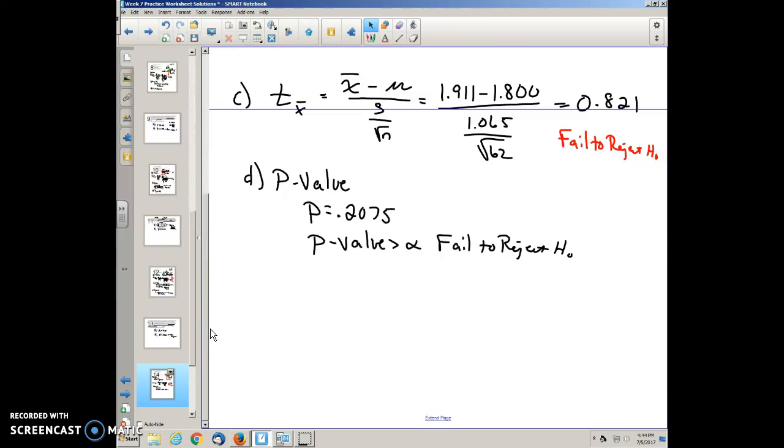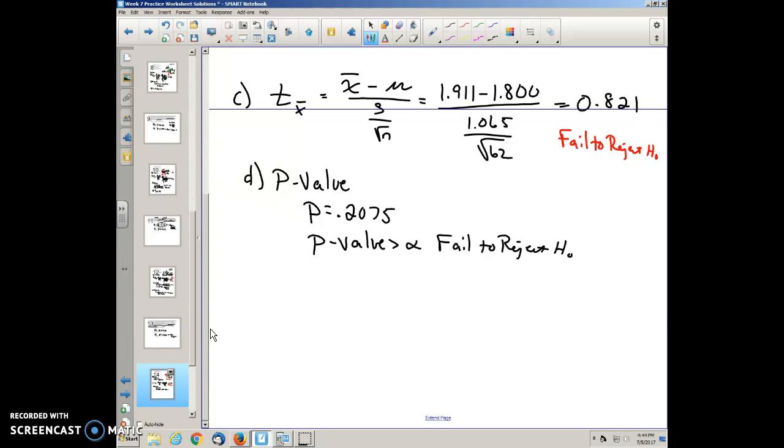You just compare the p-value to the significance level. But you have to know what the p-value represents. The p-value is the area from the test statistic to the extreme. So if the p-value is greater than the significance level, that means the test statistic is not in the rejection region, so you fail to reject the null hypothesis.